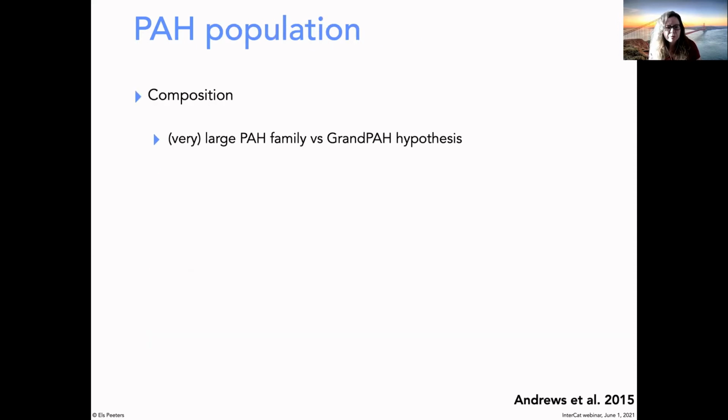And so when we talk about the PAH population, we talk about not a single PAH molecule, but a family of molecules. And we would like to know what their composition is.